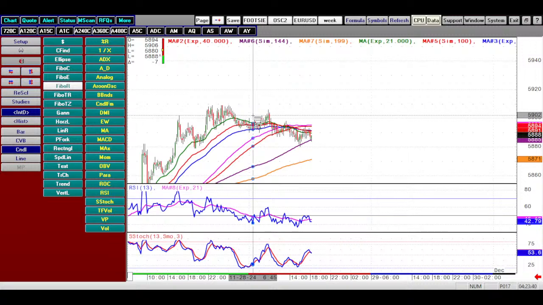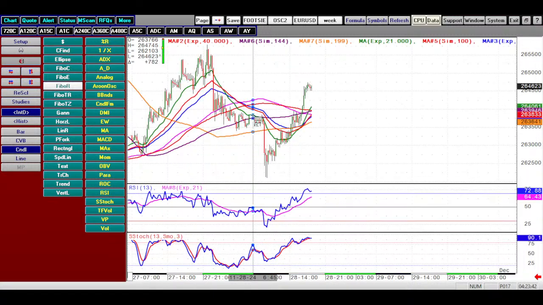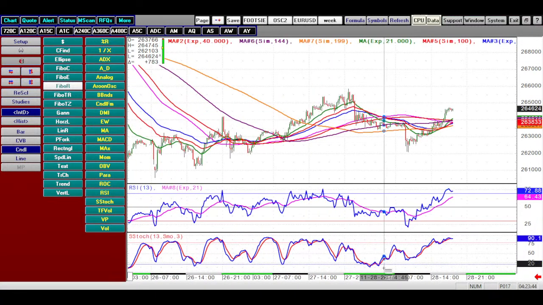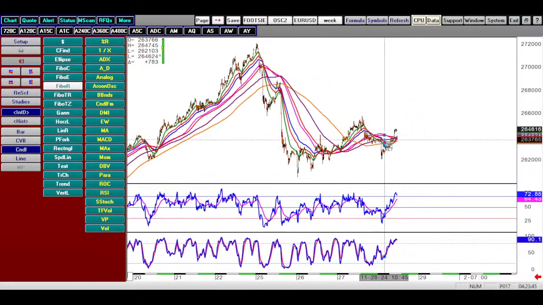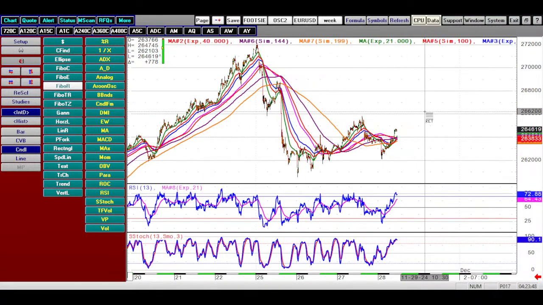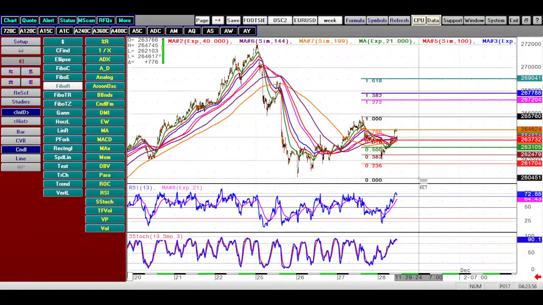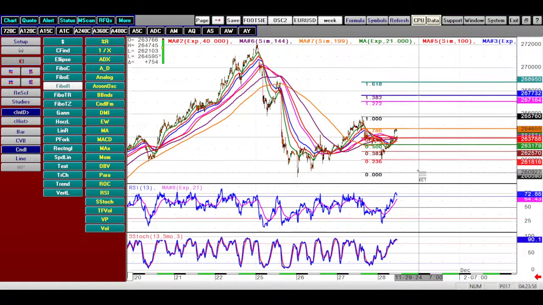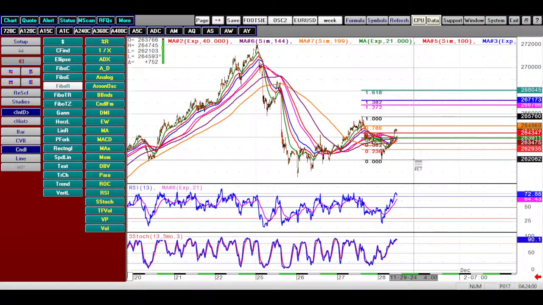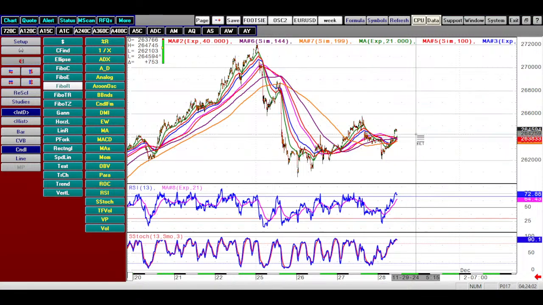Okay, chart. Okay, so now market is bouncing. So there's two ways: either if the market is weak, we should not see the price going beyond 46, 49 half, or of course this.